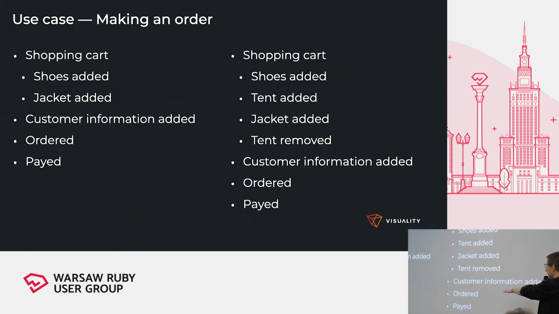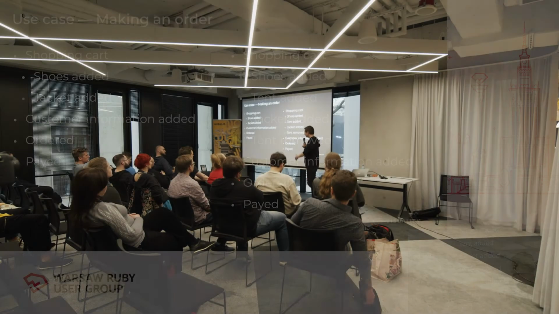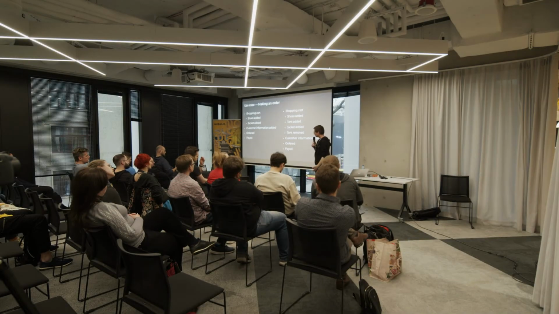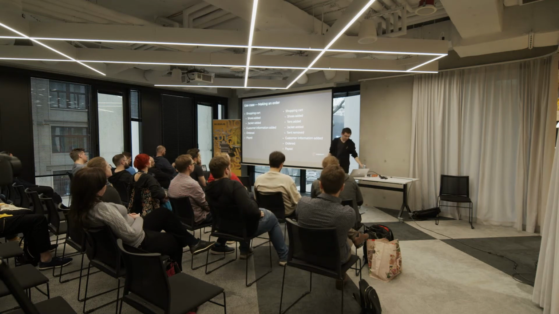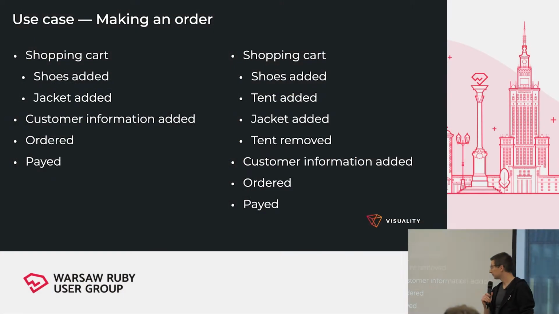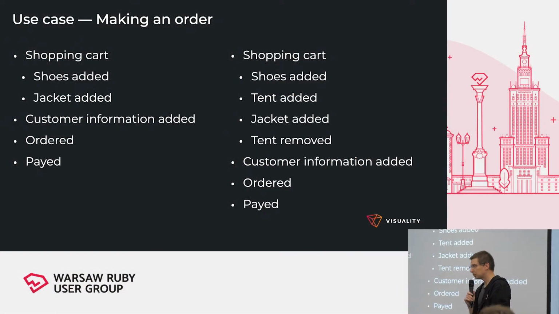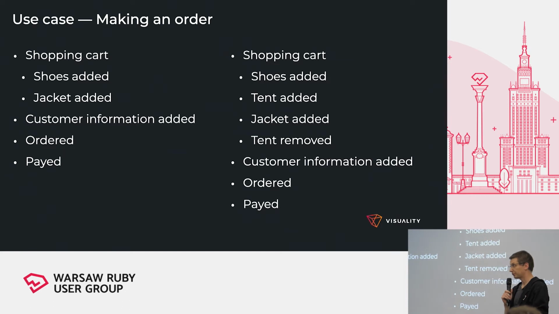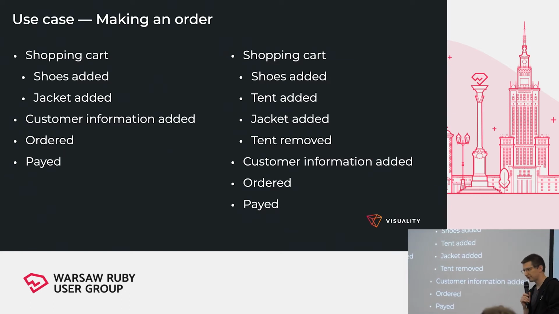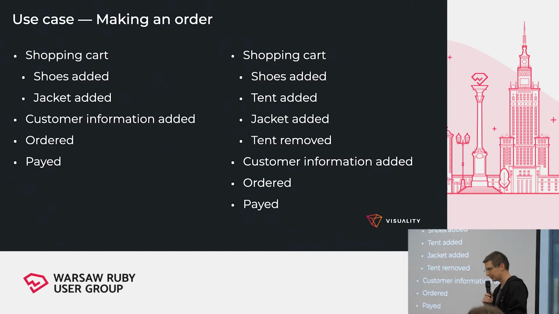But shortly prior to finishing the order, the tent was removed. We can ask ourselves, are those the same? Yes, they are. The final outcome is completely the same. We've sold just as much stuff on the left and on the right.